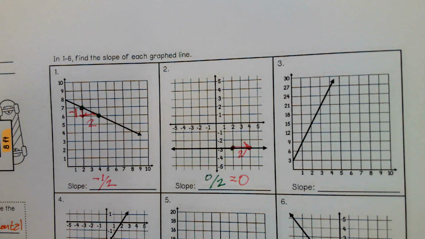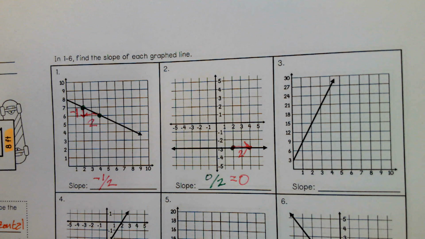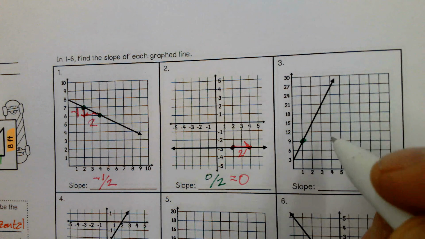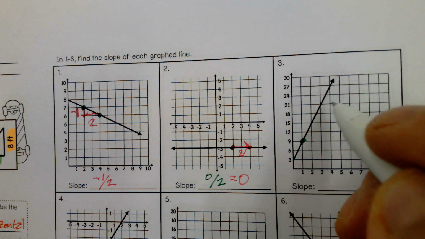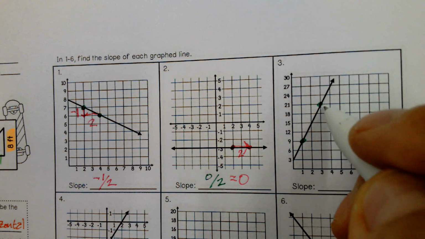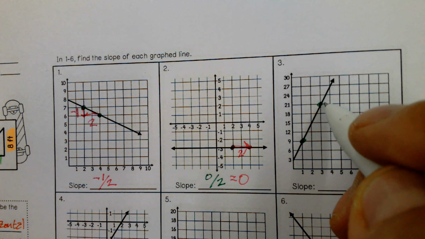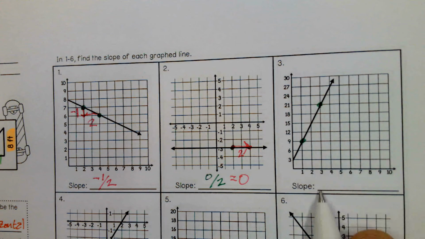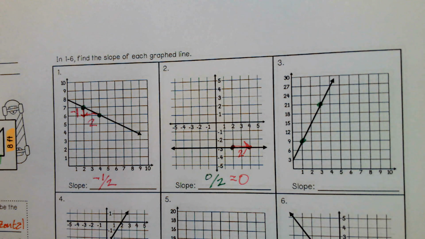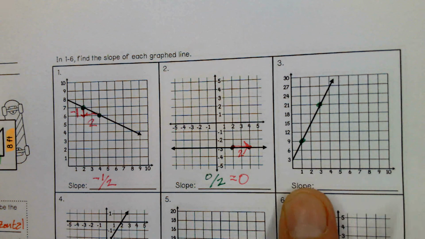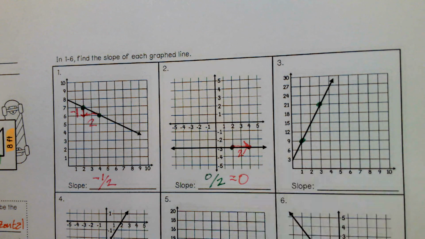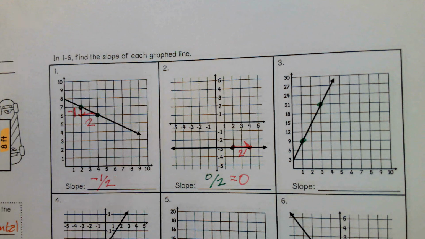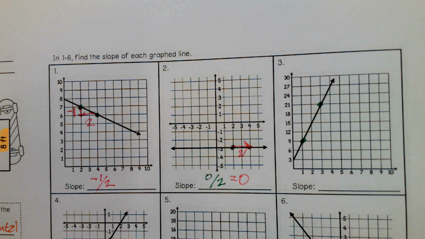Let's try the next one, number 3. It's positive. That's my first question. It's positive. Pick a couple of good points. Maybe this one. So I'm going to pick 1, 9, and what is it? 21. Okay, we got to be careful though, because you notice on the y-axis what's going on. So let's do the rise, but we got to go by 3s each time we move up.